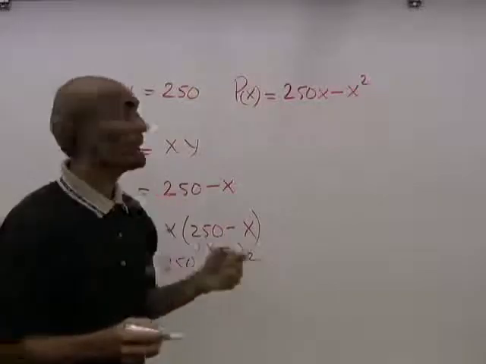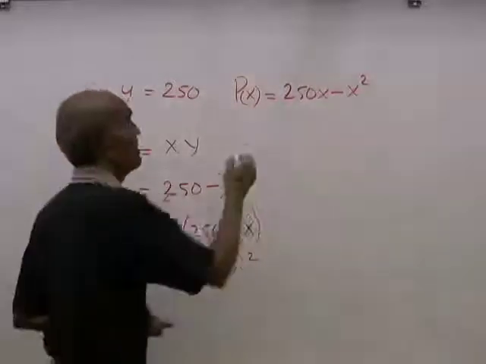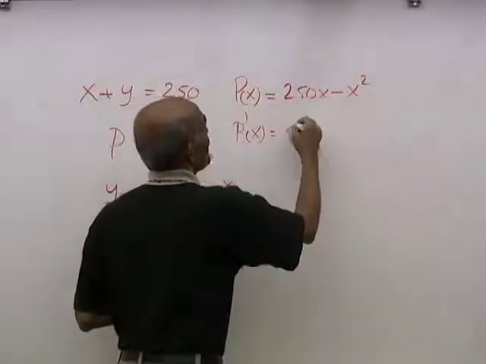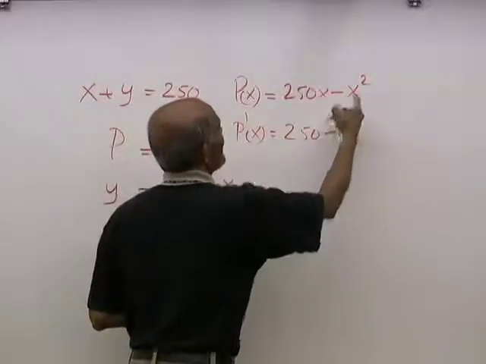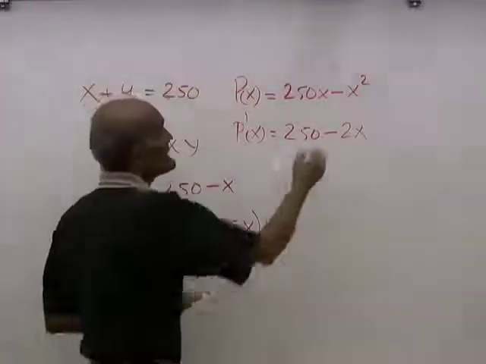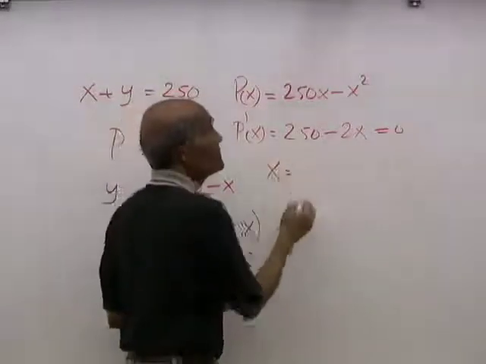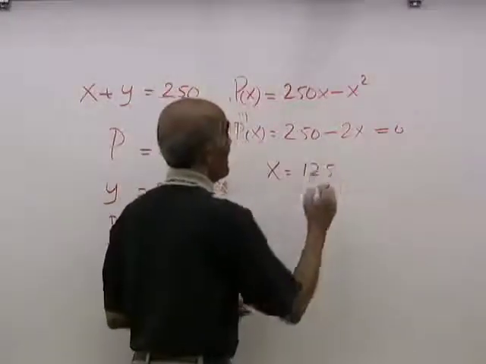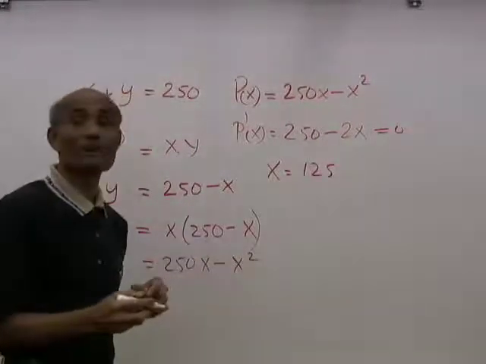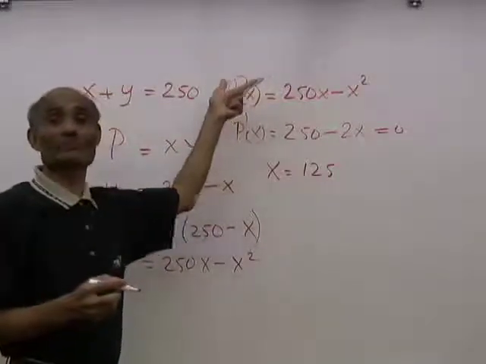Well, when the product is a maximum, its derivative will be 0. So P prime of x equal to, it's a very simple one, derivative of 250x is 250 and derivative of x squared is 2x. And set it equal to 0, and that will give you x equal to 125. It tells you that when x equal to 125, the product will be a maximum or a minimum.